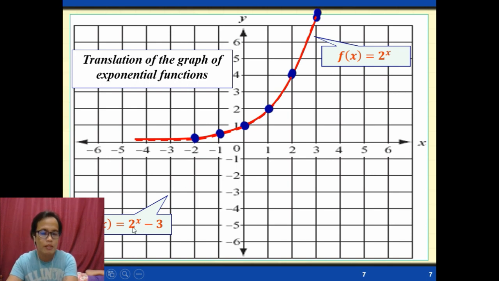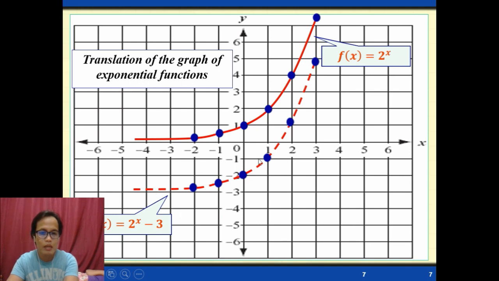Then we are to plot this graph, 2 raised to x minus 3. The effect of the minus 3 is that the original graph will just move 3 units downward: 1, 2, and 3.